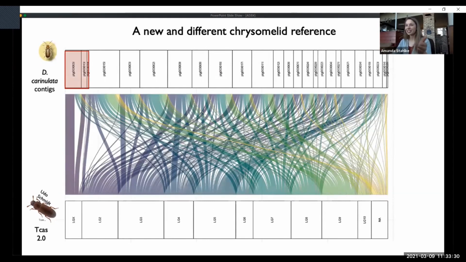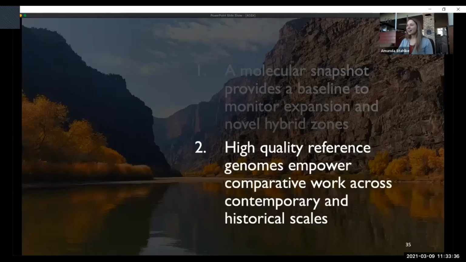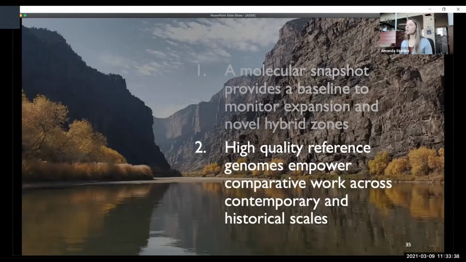And there is some X chromosome homology. So yeah, I'm really excited for the comparative work across contemporary populations, as well as the deeper historical scales. And these high quality reference genomes can empower lots of inference.